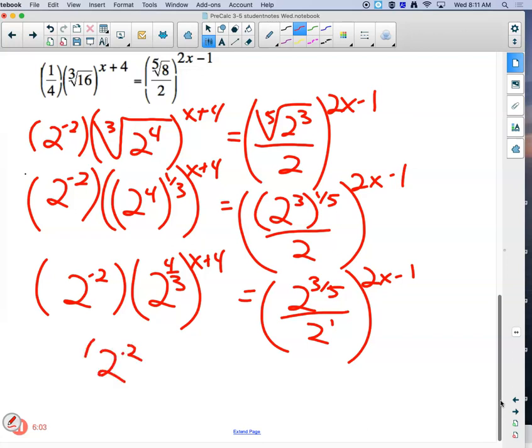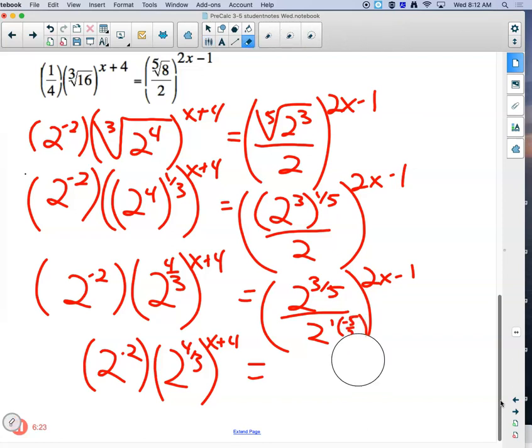So 2 to the negative 2 times 2 to the 4/3 raised to the x plus 4 power equals, and then 3/5 minus 1 would be 3/5 minus 5/5. There we go, that's better. And 3/5 minus 5/5 would be a negative 2/5.